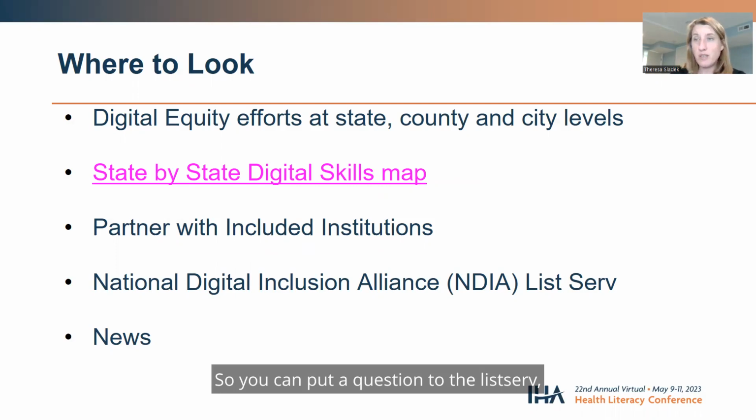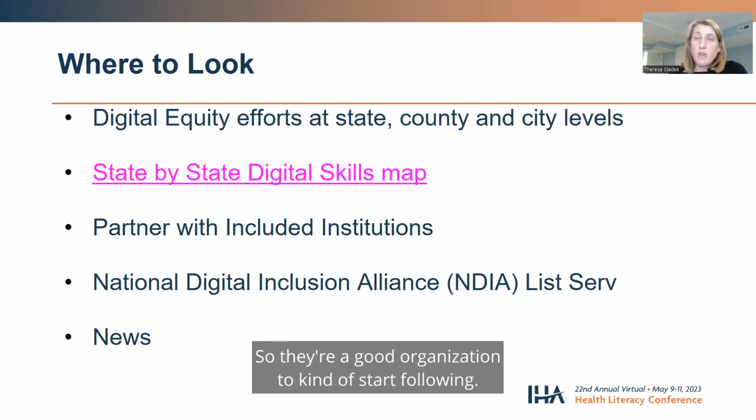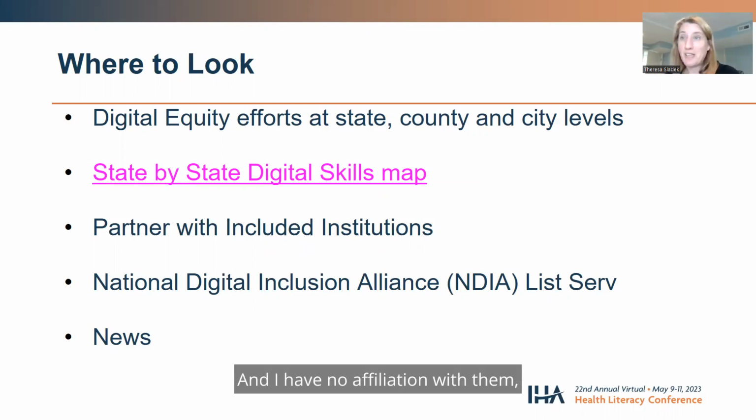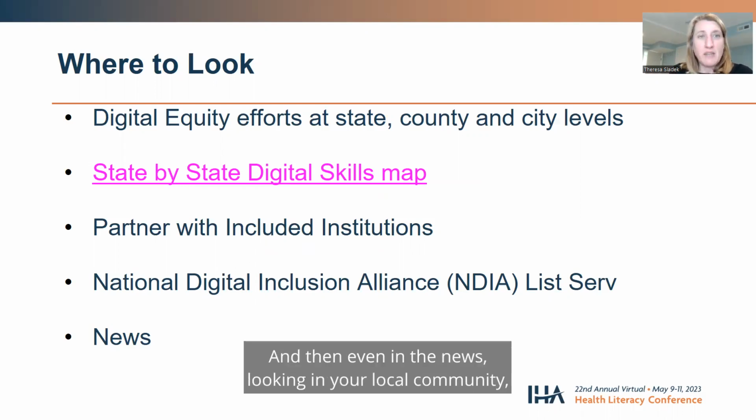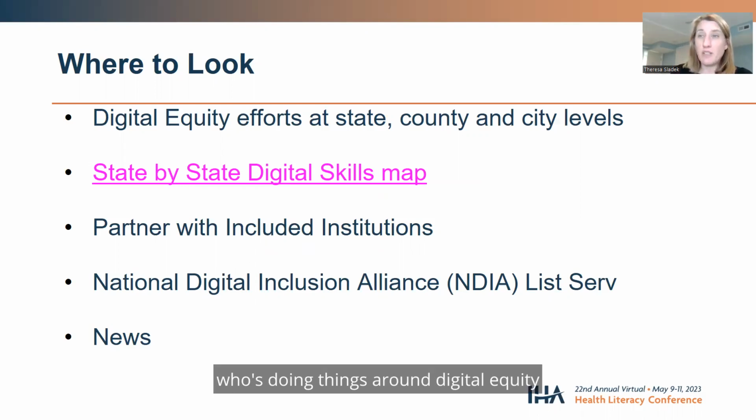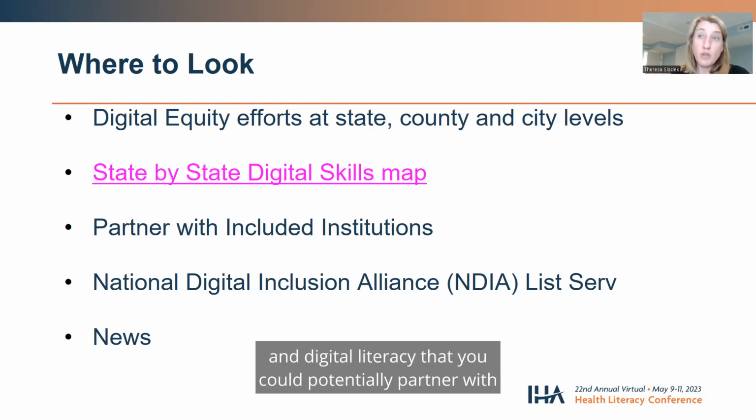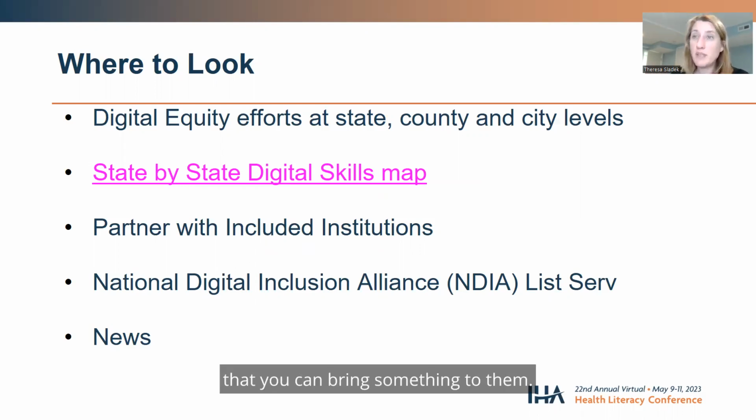So you can put a question to the listserv, you'll get a lot of great answers. You'll see a lot of good topics. So they're a good organization to start following. I have no affiliation with them, but they have been very helpful. And then even in the news, look in your local community at who's doing things around digital equity and digital literacy that you could potentially partner with, that you can bring something to.